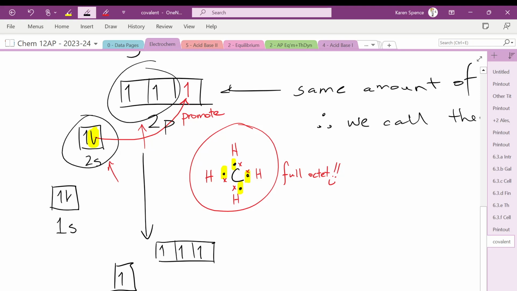But we still have a problem because if these are p orbitals, how do p orbitals orient themselves with respect to each other? How do px, py, and pz orient themselves? As far away as possible. So we get one that goes up and down, one that goes side to side.